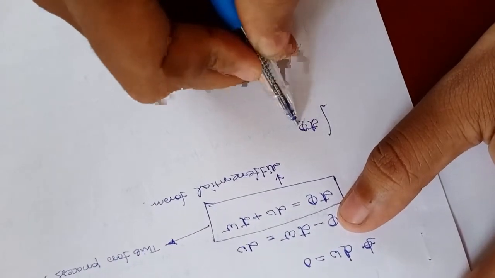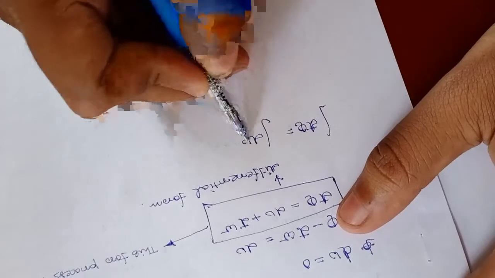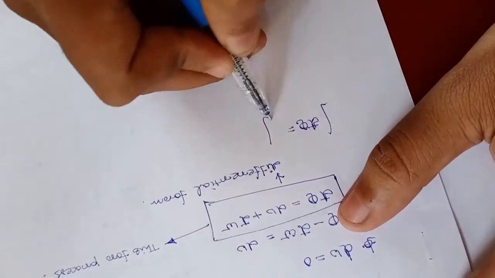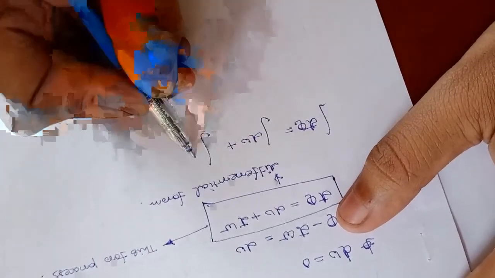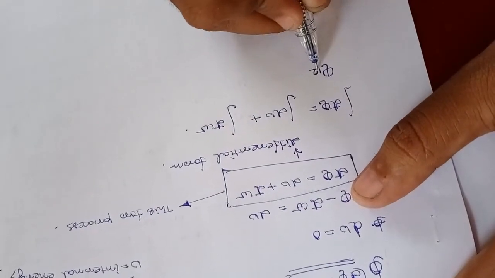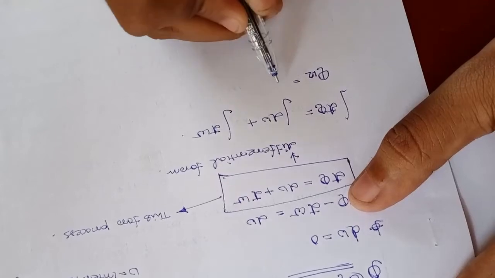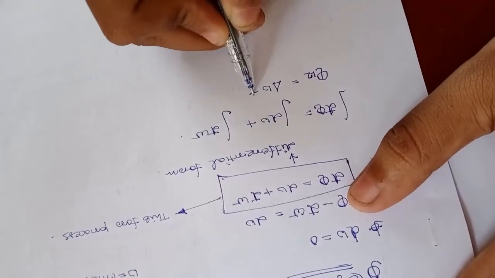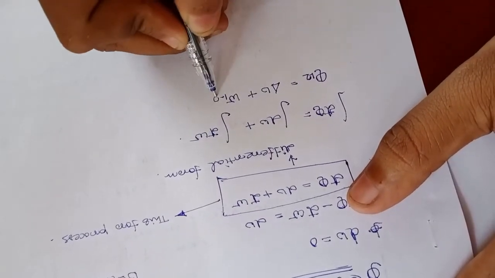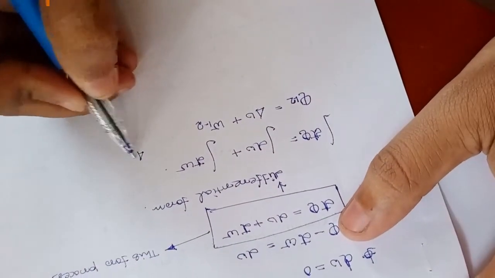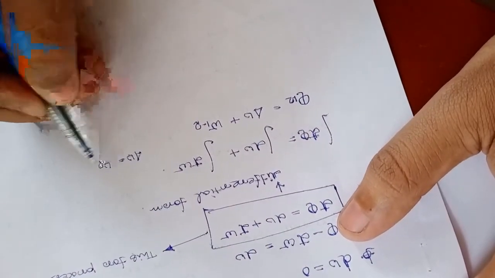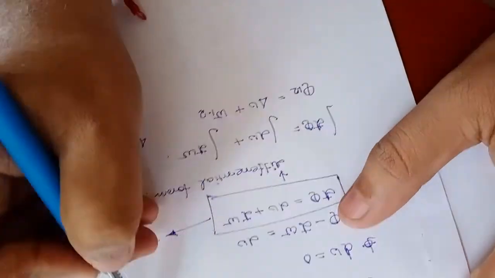So what will be the integral form? Just integrate: integral of dq is equal to integral of du plus integral of dw. So it will come q1 to 2, because it is a point function, is equal to del u plus w1 to 2, where del u is equal to u2 minus u1.